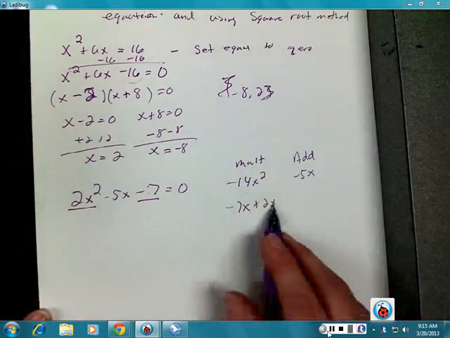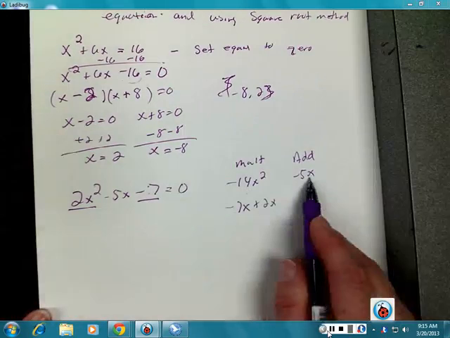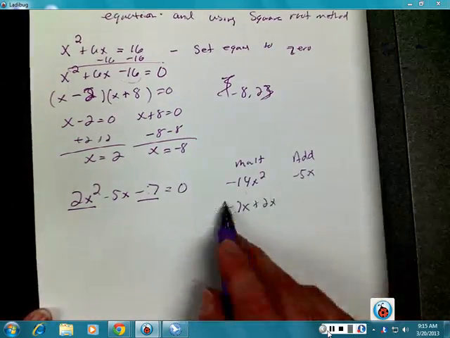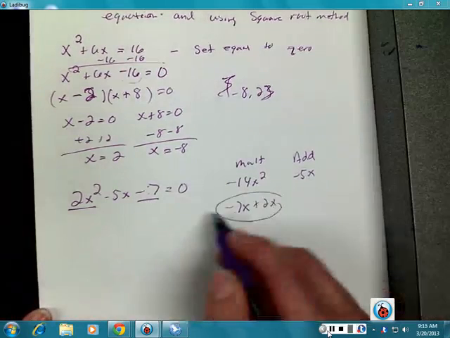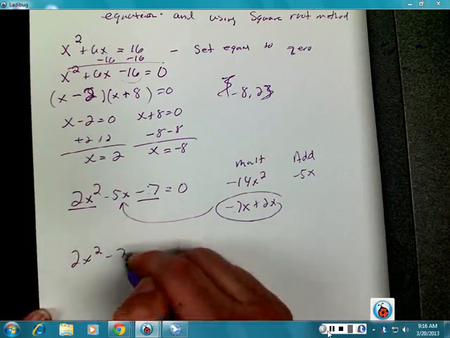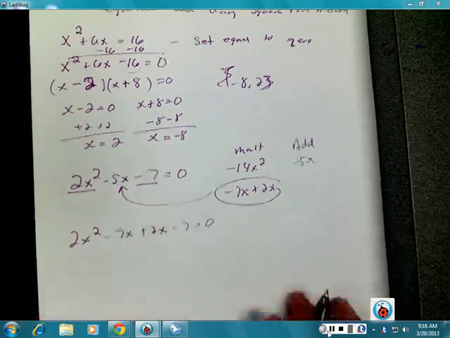Negative 7x times 2x is negative 14x squared. Negative 7x plus 2x is negative 5x. Then I take this piece that I just found and replace my middle. So 2x squared minus 7x plus 2x minus 7 equals 0.